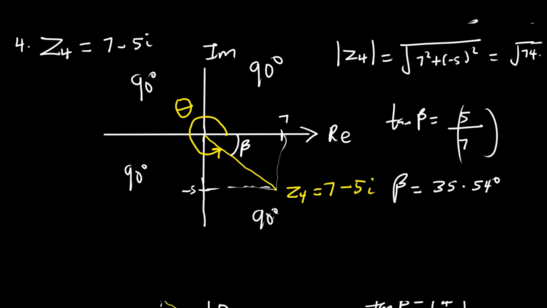And now, don't forget you have this 90 degrees, 90 degrees, 90 degrees, and 90 degrees, so the sum of angles at the point is 360 degrees. To find our theta, we simply subtract beta from 360 degrees.